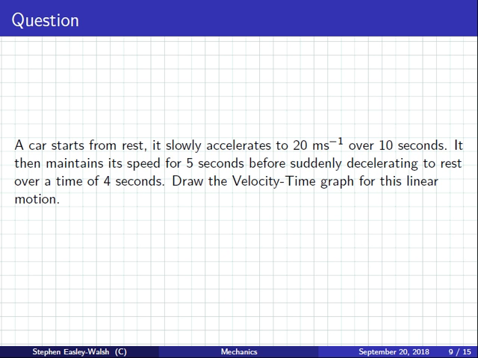Rest means 0. So the 20, maybe here. 20, and 10 seconds.